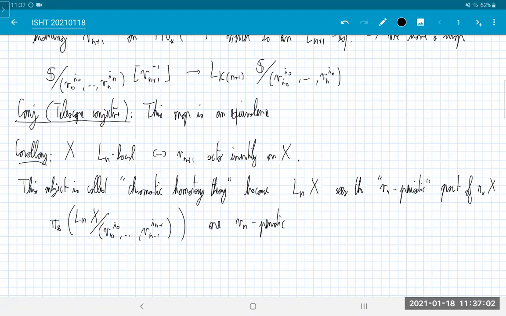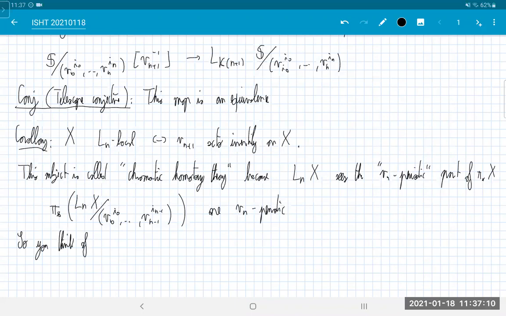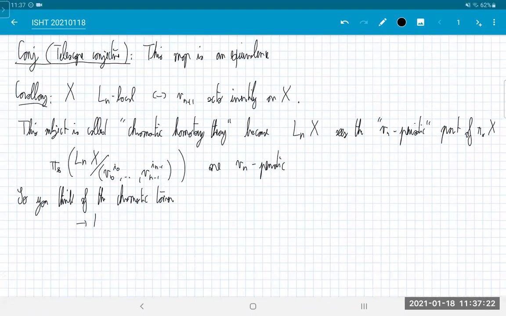So you think of it as this Ln tower, called the chromatic tower: x, Ln minus 1 x, etc. goes to L0 x.